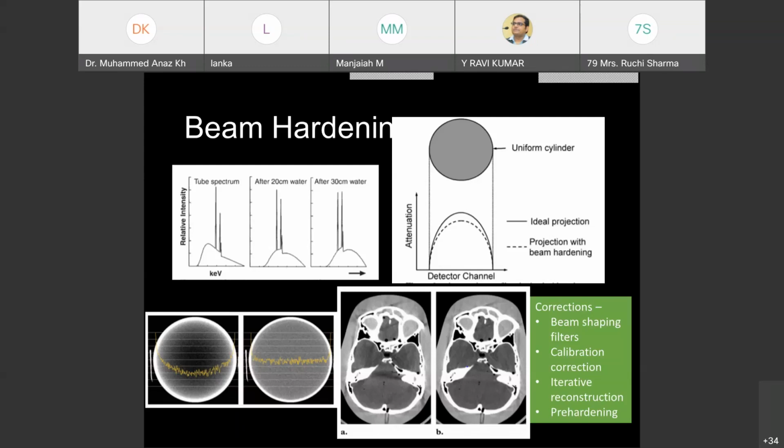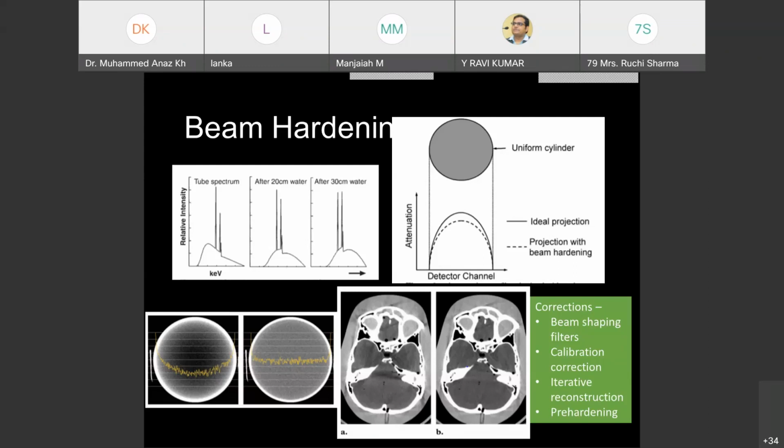Artifacts, as I told you, are a kind of unnecessary, unrequired images that you may end up getting because of errors in computation or because of some foreign objects present in a patient.